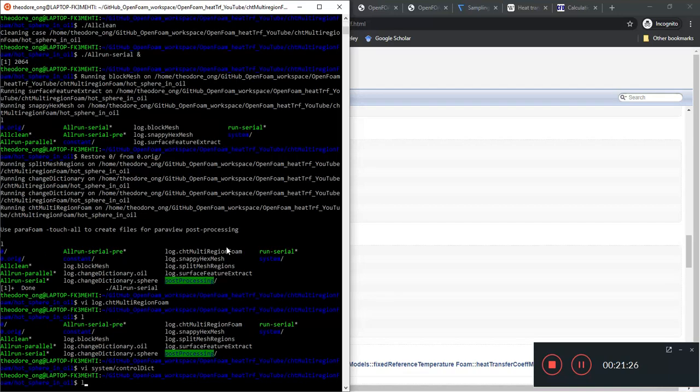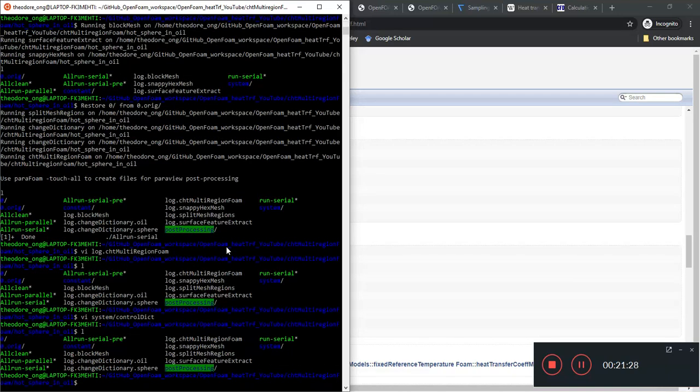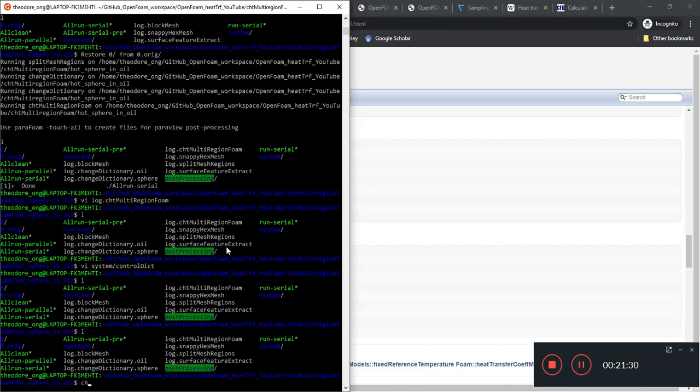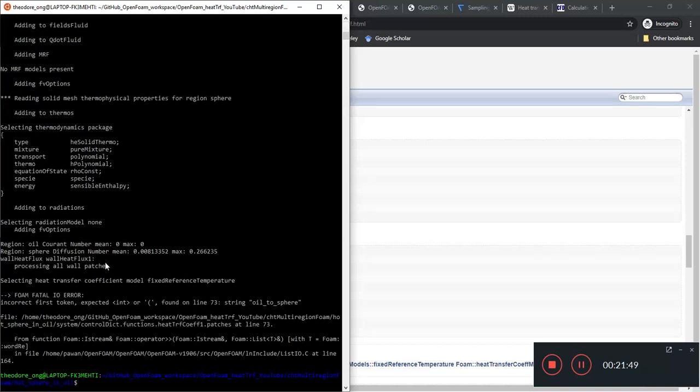All right. So we have already run all the snappyHexMesh and everything, so we just run chtMultiRegionFoam. Since we already did our meshing tools and splitting all the regions, we try and run chtMultiRegionFoam just to do a quick test, to see whether this thing is working. Now still we have a fatal error.